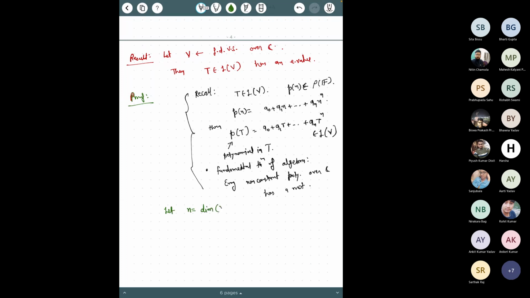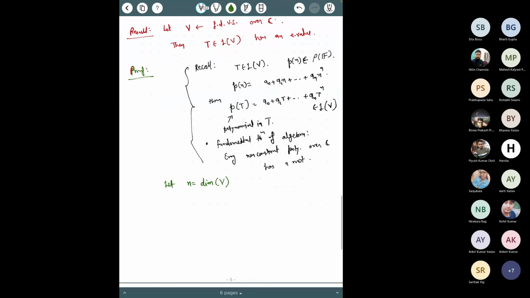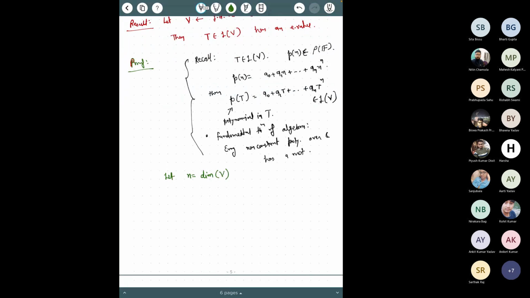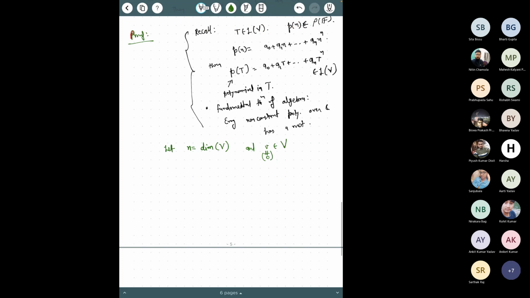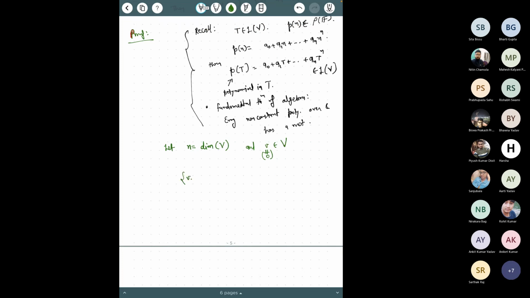Suppose that n is the dimension of V, and take any non-zero vector v in V. Using this, consider the set S, which is v, Tv, T squared v, and so on up to T^n v.